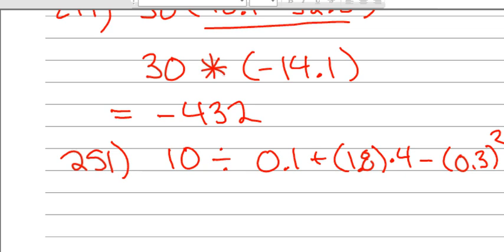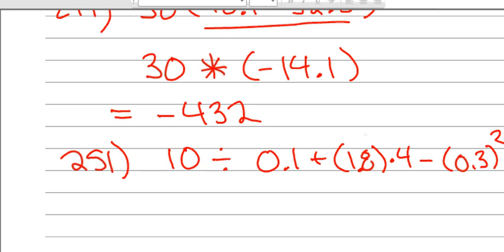10 divided by 0.1 plus 1.8 times 4, I put the times in there for you, minus 0.3, that whole 0.3 squared. So what am I going to do first? You don't really need the parentheses here. I just put it in that way because that's how it's written in the book.